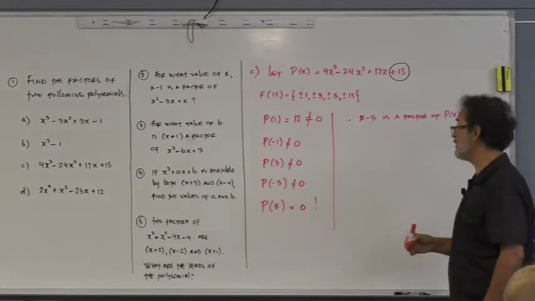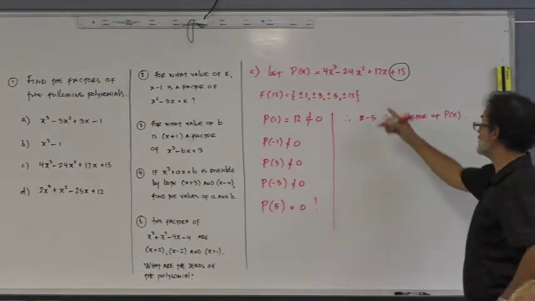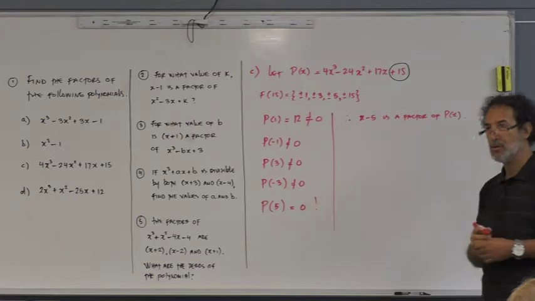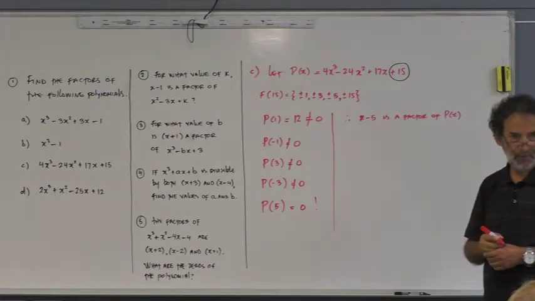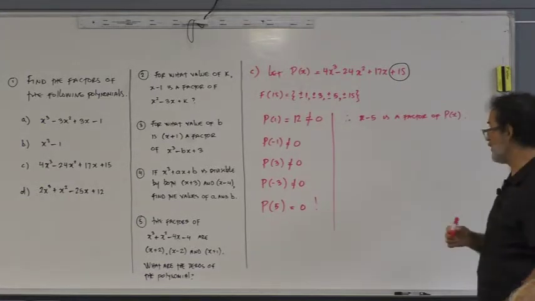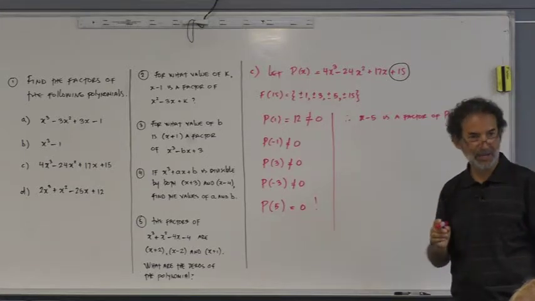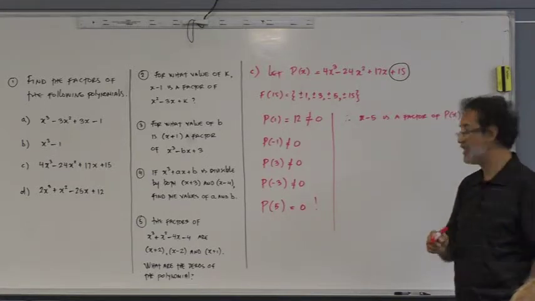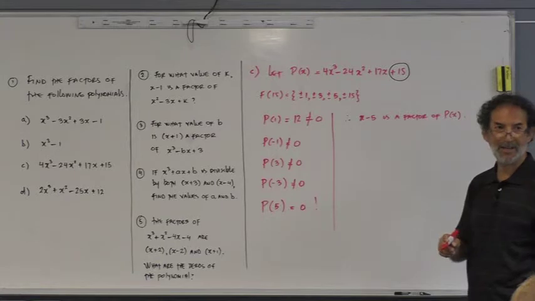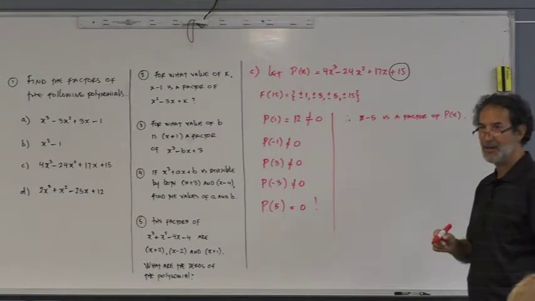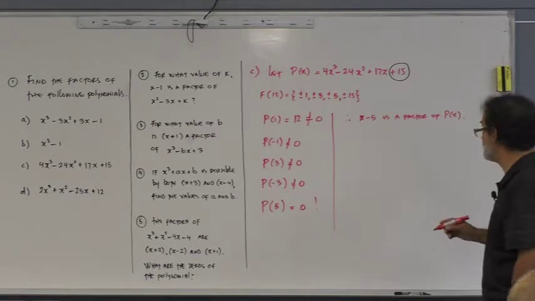To find the other factors, we're going to divide this big polynomial by x minus 5. I want you to do that very, very carefully, and then you're going to tell me what the answer is. Okay, go for it.